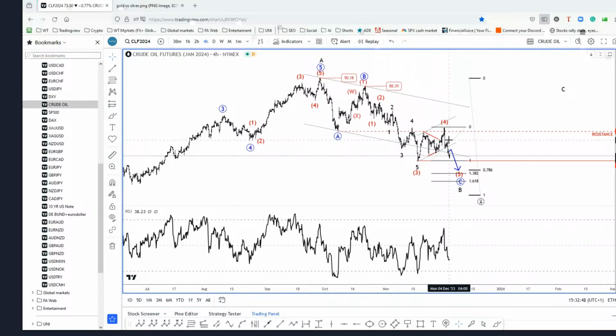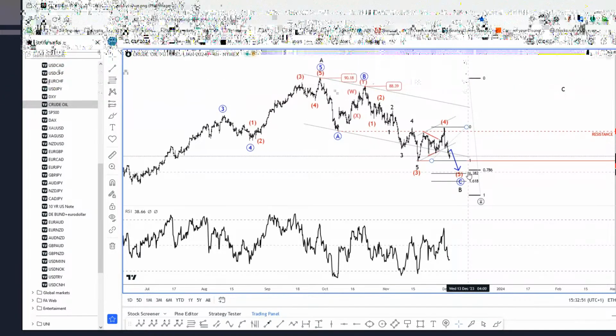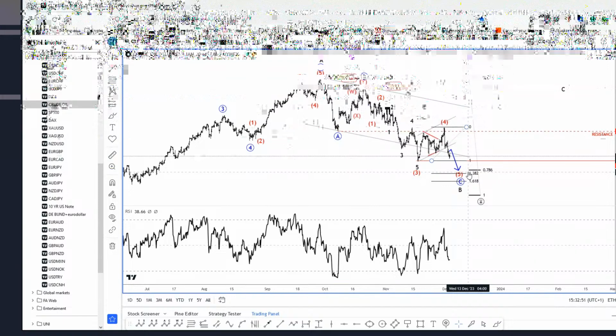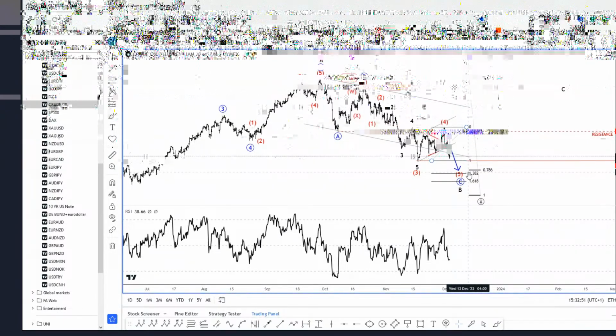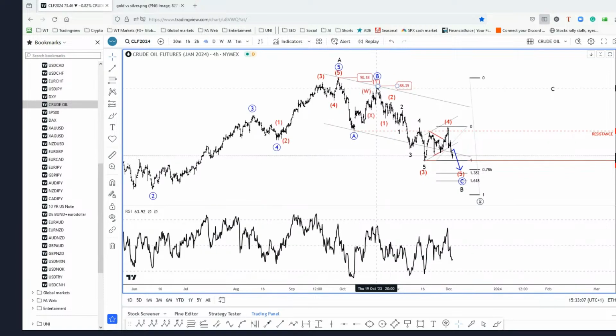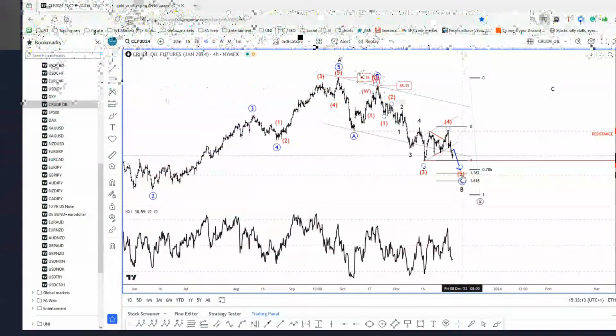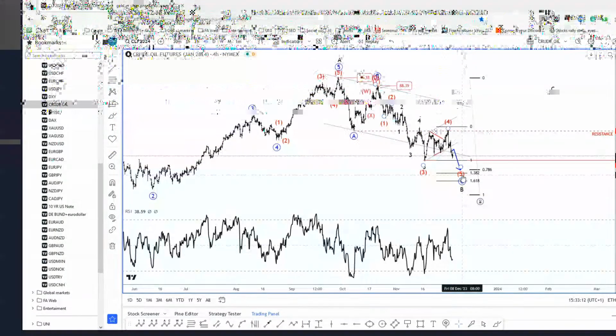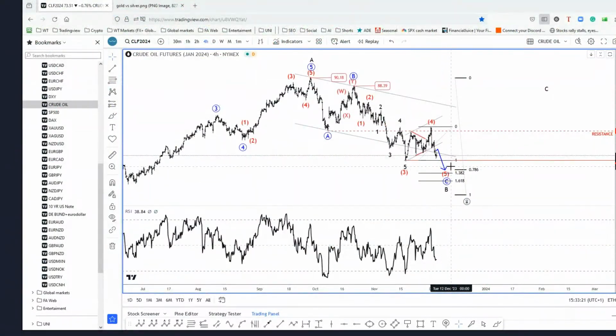So I think that for now, bears are still in play, but $70 could be a very important support. There is a 78.6% Fib of that move that goes back from this 5-wave drop from the end of October. So this current bearish cycle could actually come to an end. Okay, maybe later this week we will already have some very interesting price action for potential stabilization here.